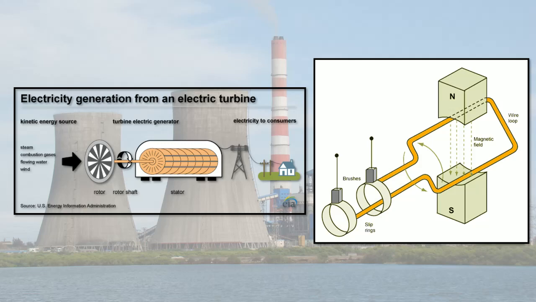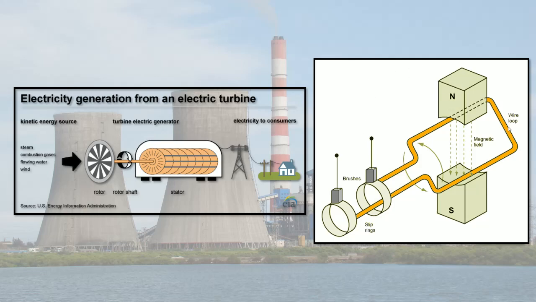Well, there are several processes, but the most basic one is the electricity generation from an electric turbine. As you can see here, we need to transform the kinetic power into electricity, and we do this with this electric generator.